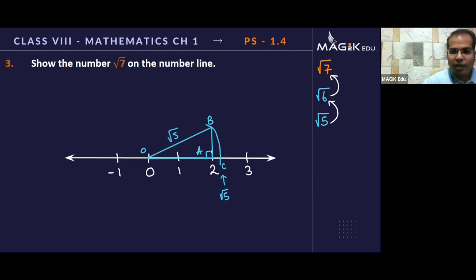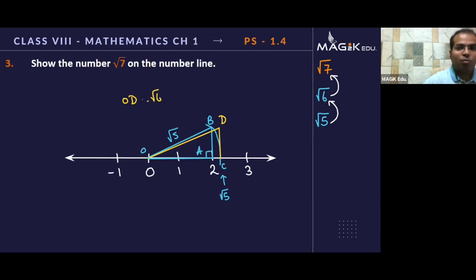We'll go to point C, we'll construct a perpendicular of 1 unit on root 5. And from there, we'll come towards D. Let's mark this as point D. Now, if you do the Pythagoras and try, you will find that OD is your root 6. OD is equal to root 6.